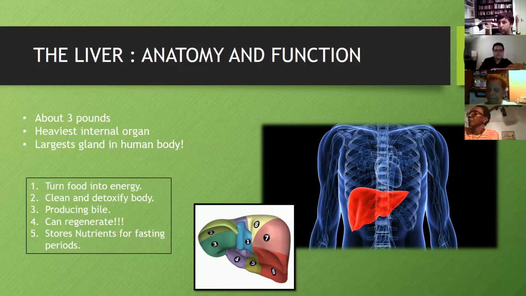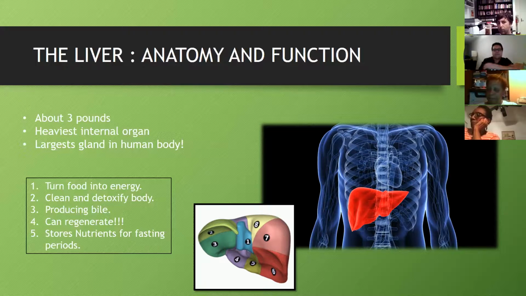It also produces bile, a yellow or yellow-brown liquid composed of bile salts. It also has an amazing function: it can regenerate itself. It is the only visceral organ that can do this. And the last important function of the liver is that it stores nutrients for fasting periods.